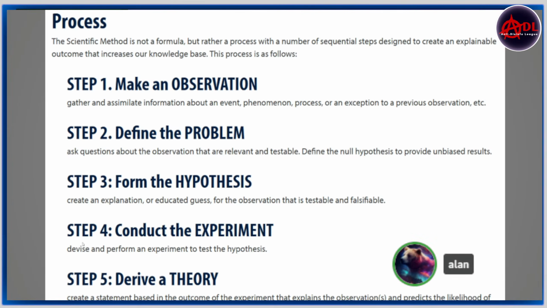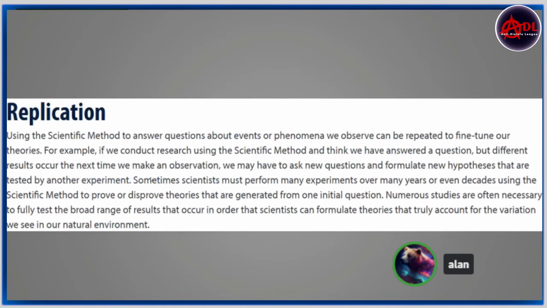Step four, conduct your experiment to test your hypothesis. Step five, derive a theory based on the outcome of the experiment and how it aligns with your hypothesis, and how you can build a new hypothesis based on the experimental evidence, etc. Right? So it's all based on what the outcome of the experiment is, essentially, and its repeatability.